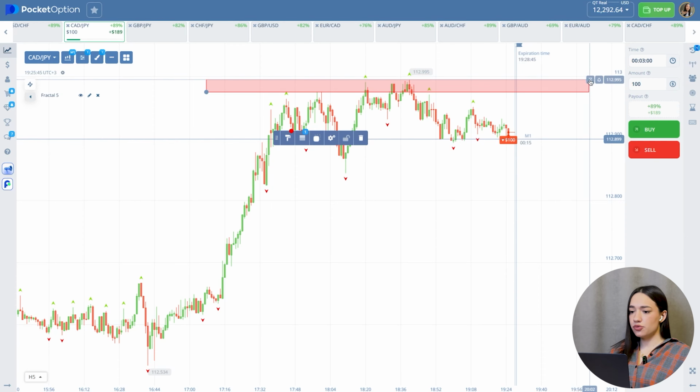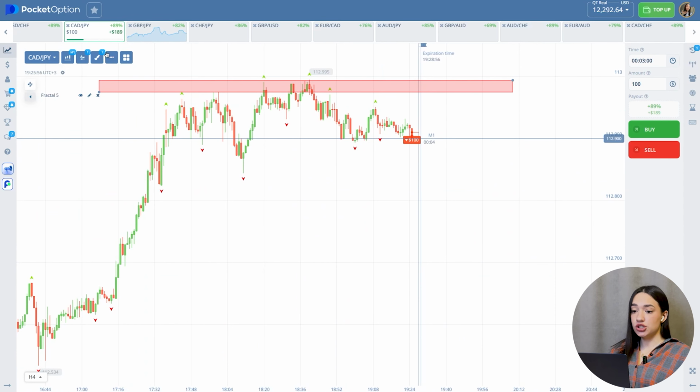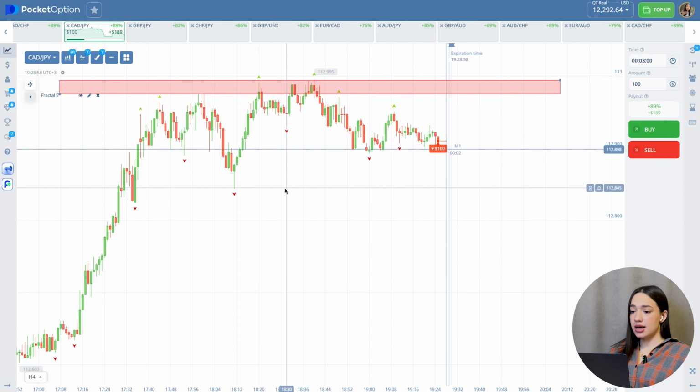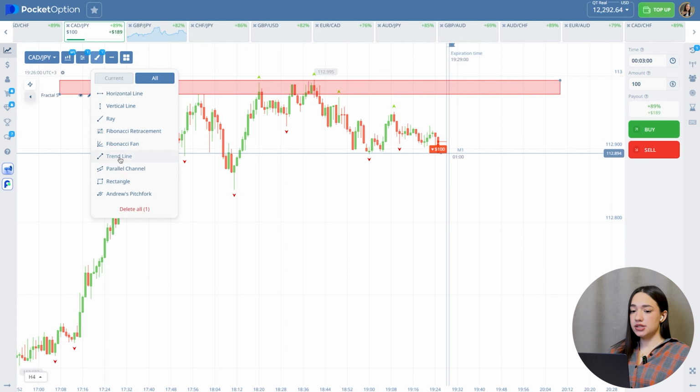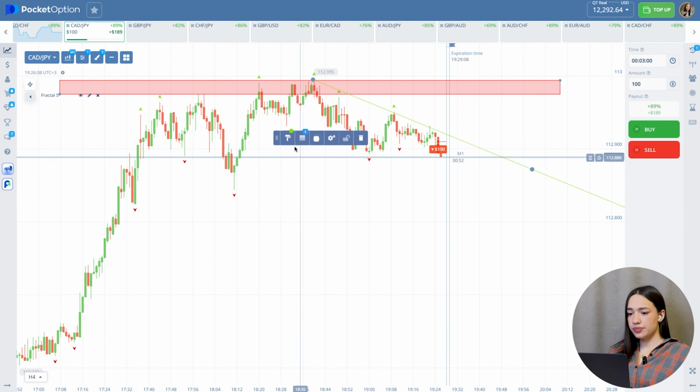Price didn't really show any direction, and after a certain number of trades we see potential trend reversals. The dynamics are moving downward, so let's draw a trend line. I think there is a good touch point here as well.